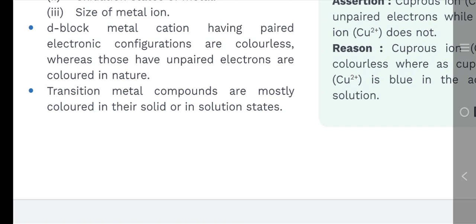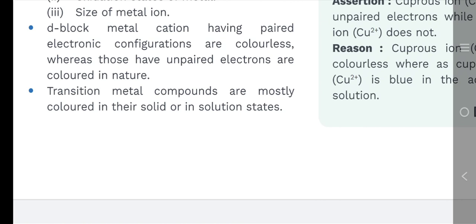Formation of colored ions. D block compounds are generally colored due to unpaired electrons resulting in d-d transition. Charge transfer spectrum. Polarization. A substance appears colored because it absorbs light at specific wavelengths in the visible part of the electromagnetic spectrum and transmits or reflects the rest of the wavelengths.